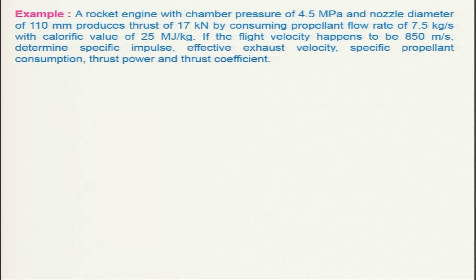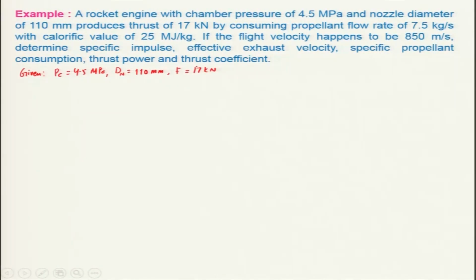Let us look at what is given in this problem. The chamber pressure P_c is 4.5 megapascal. Megapascal means around 45 atmospheric pressure. The nozzle diameter d_n is 110 mm, and it is producing a thrust of 17 kilonewton.